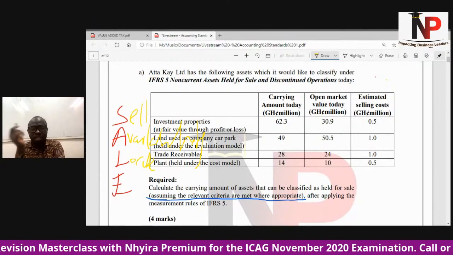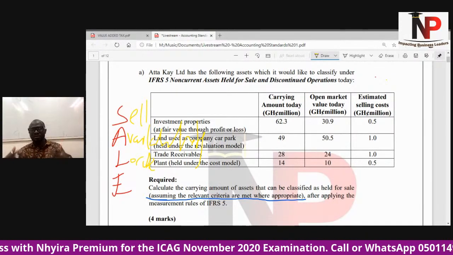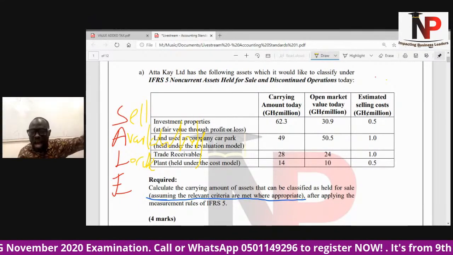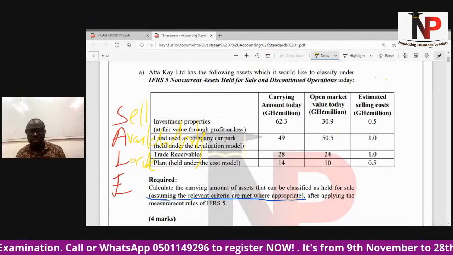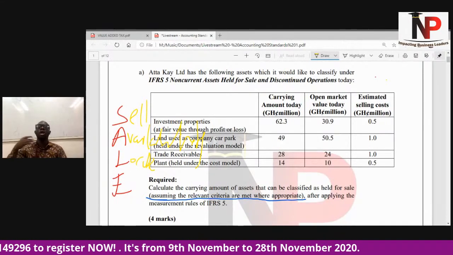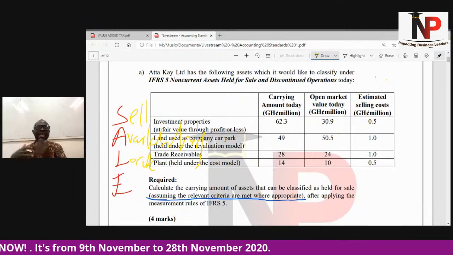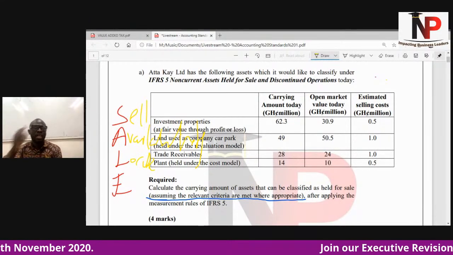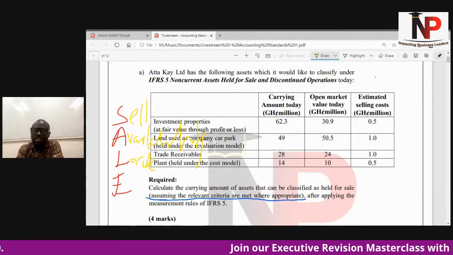This is through advertisement. So the company must have advertised that, hey, we are selling this asset or this particular subsidiary. If they have advertised, or they are looking for buyers, or they have even located a buyer and they are just negotiating how much they need to dispose of it, then the L criteria has also been met.